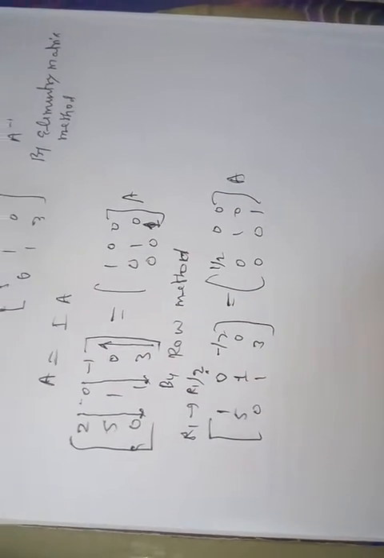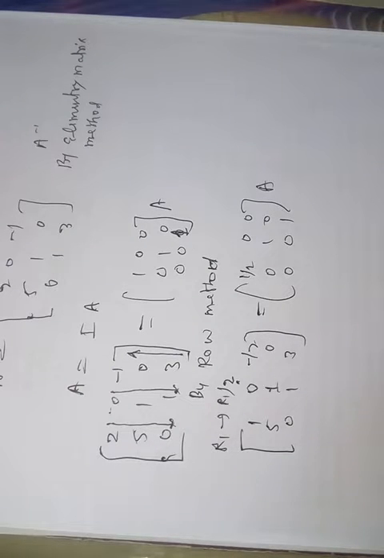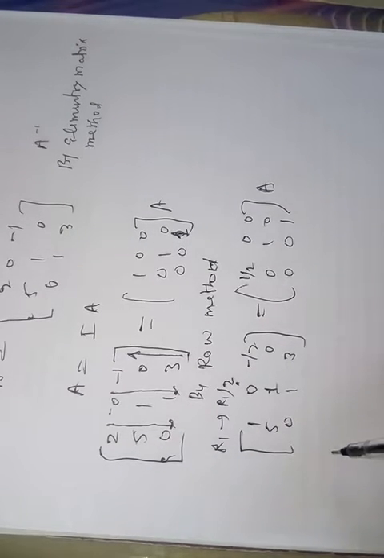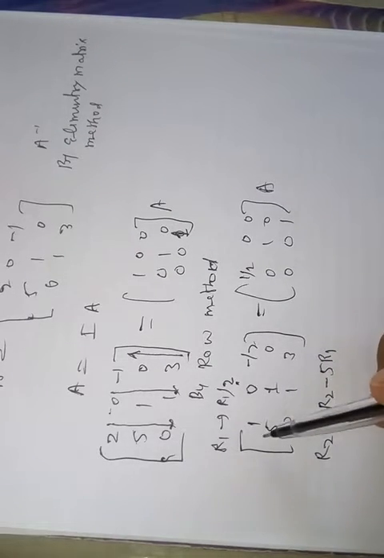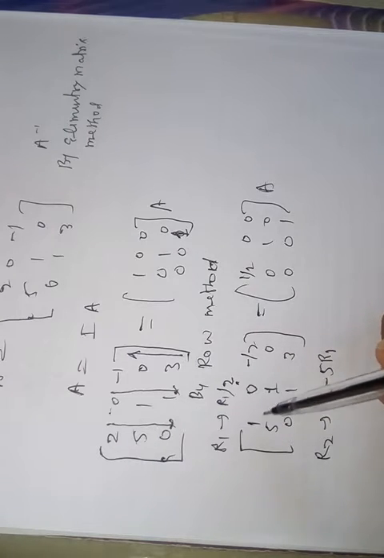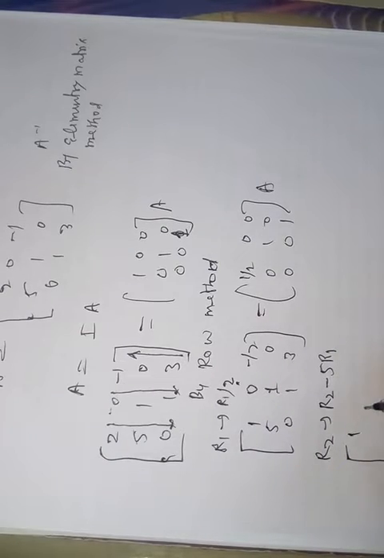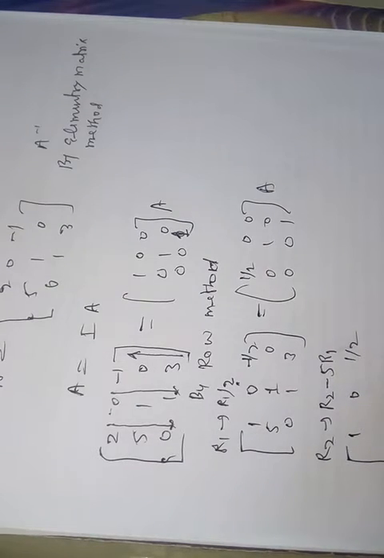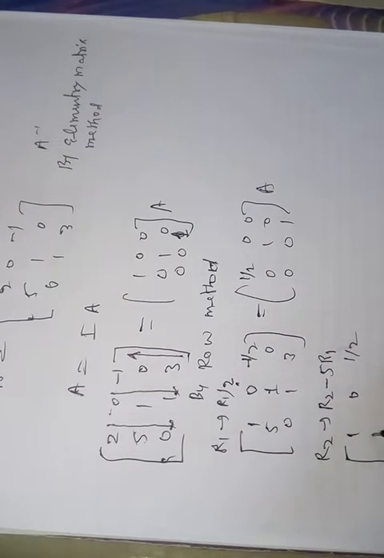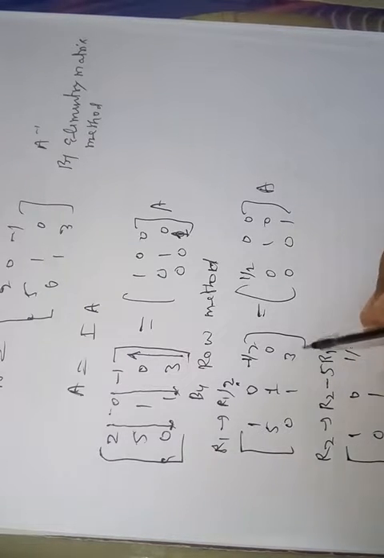Next, R2 changes to R2 minus 5 R1. Multiply R1 by 5 and subtract from R2. The 1 upon 2 stays fixed. Five minus 5 is 0, 1 minus 0 is 1, 0 minus minus 5 by 2 gives plus 5 by 2.